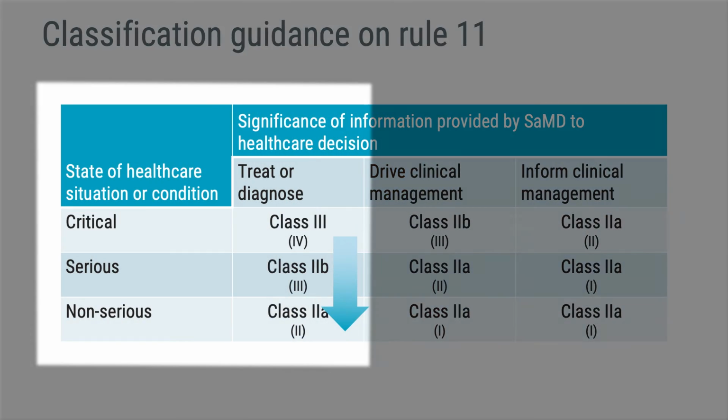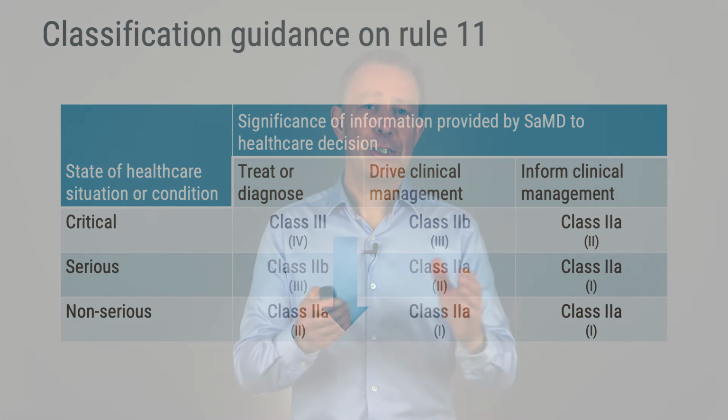If a software is used to diagnose someone in a critical condition, like an intensive care unit, then the software belongs to category 4. But if the very same software is used only in non-serious situations, it could belong to category 2. In the EU MDR classification terms, this means a Class 3 medical device and a Class 2A medical device, which is a big difference.